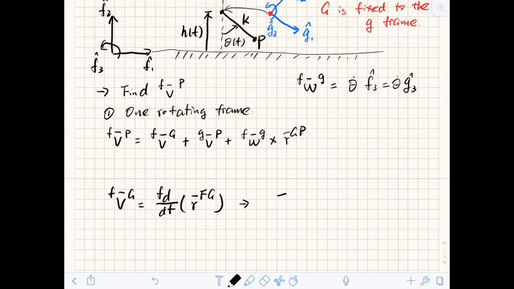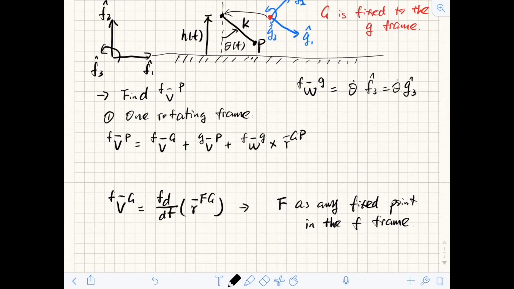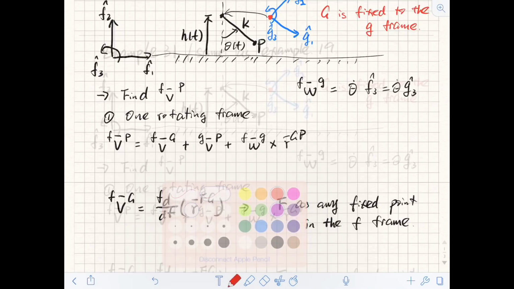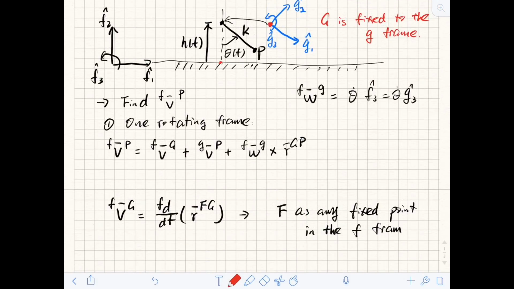We'll define F as any fixed point in the F frame, so the simplest way is here.